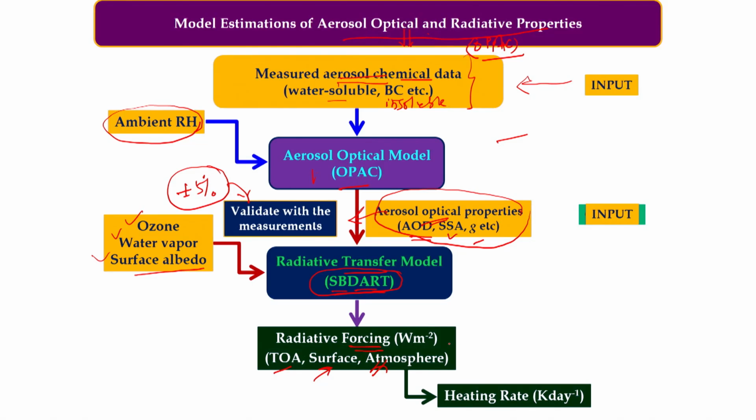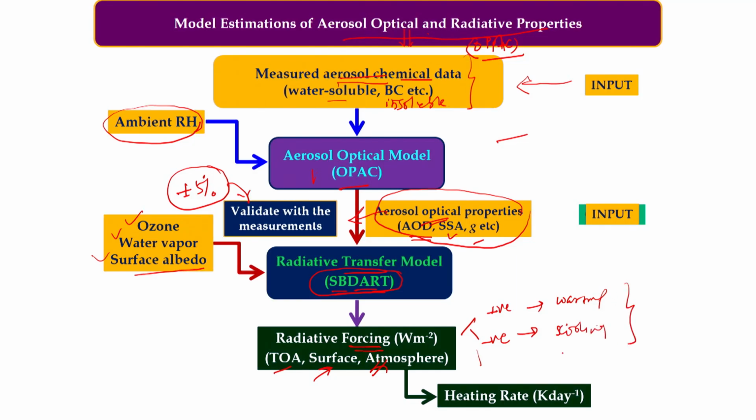All the 3 values it will give, and based on that you can estimate radiative forcing. If this radiative forcing is positive, it means warming, and if it is negative then it means cooling.